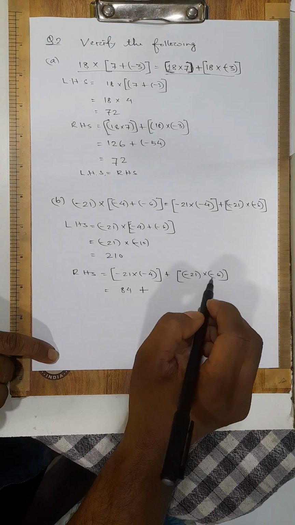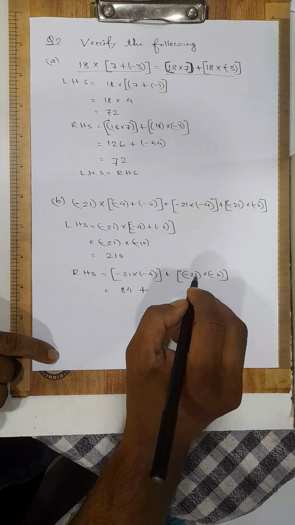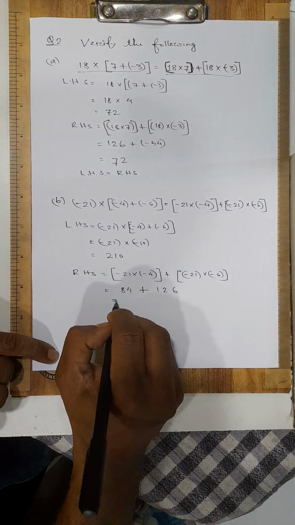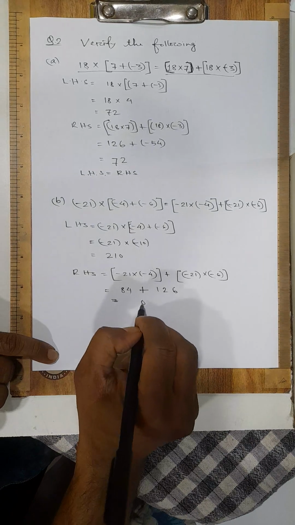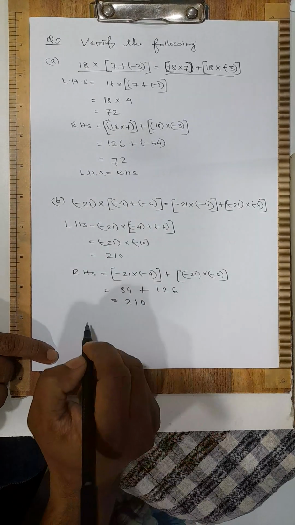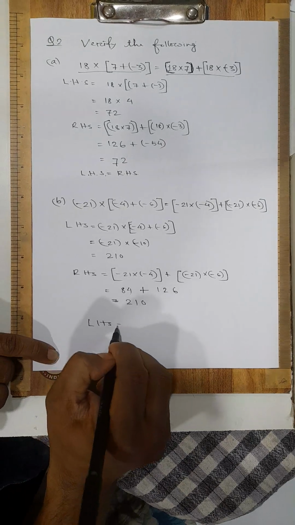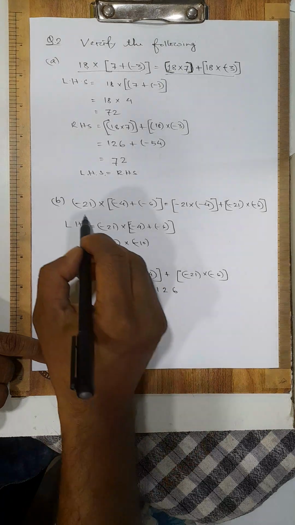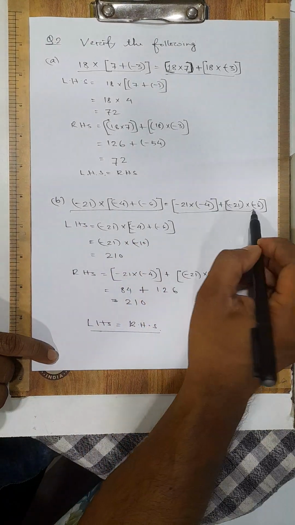This is again the product of two negative integers, it is positive. 6 ones are 6, 6 twos are 12. So it is 6 plus 4 is 10, 8 plus 2 is 10, 12 plus 8 is 20, 210. Now we find that the left hand side equal to the right hand side. That means this product is the same as this one.